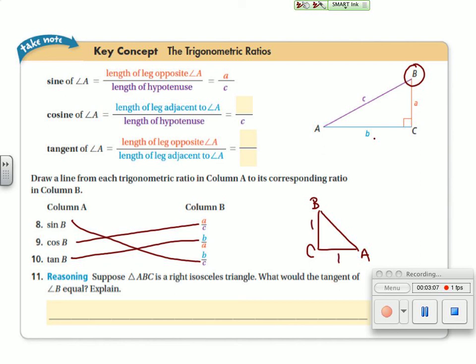I'm saying this is a 1, 1, square root of 2 triangle. So our tangent would equal 1. So let's erase all this, and we're going to continue on to our next concept.